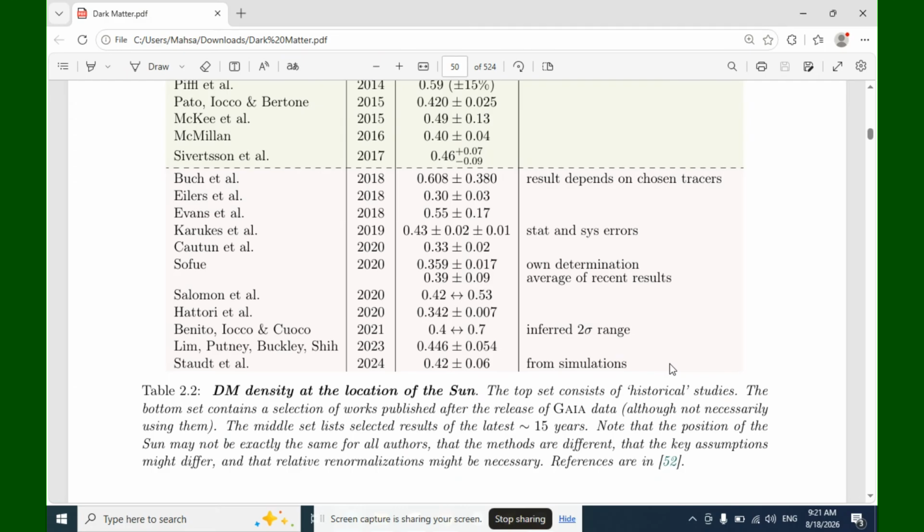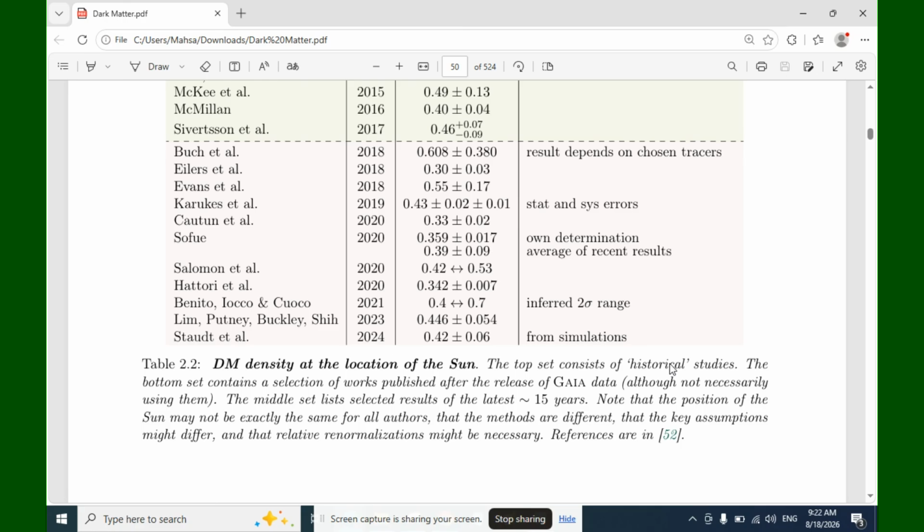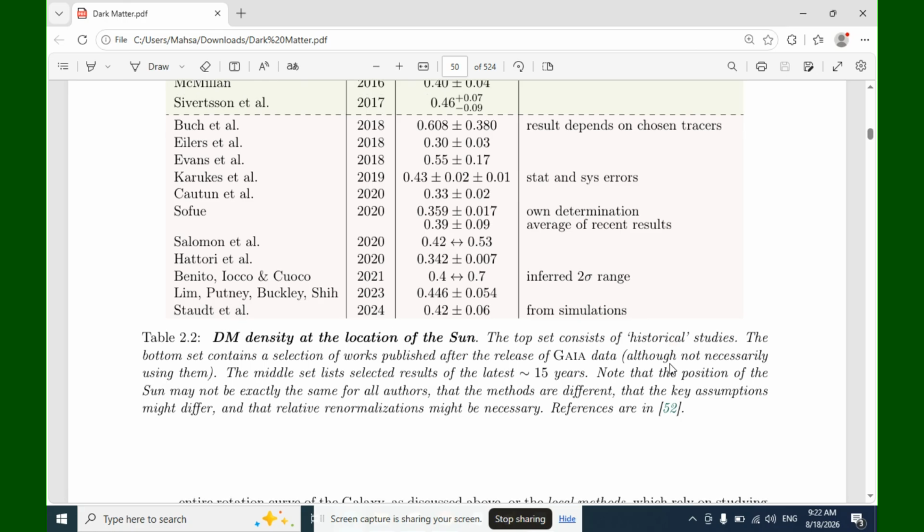The middle set lists selected results of the latest, for example, 15 years ago. Note that the position of the Sun may not be exactly the same for all of them, that the methods are different, that the key assumptions might differ, and that relative renormalizations might be necessary, based on the references in 52.